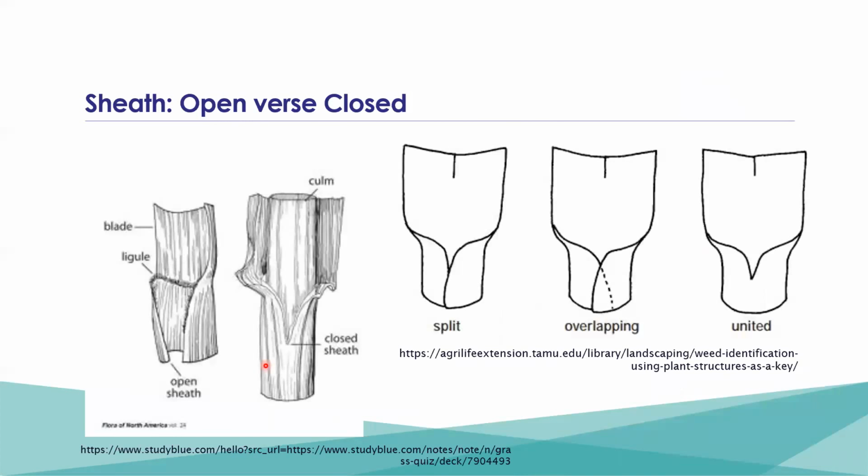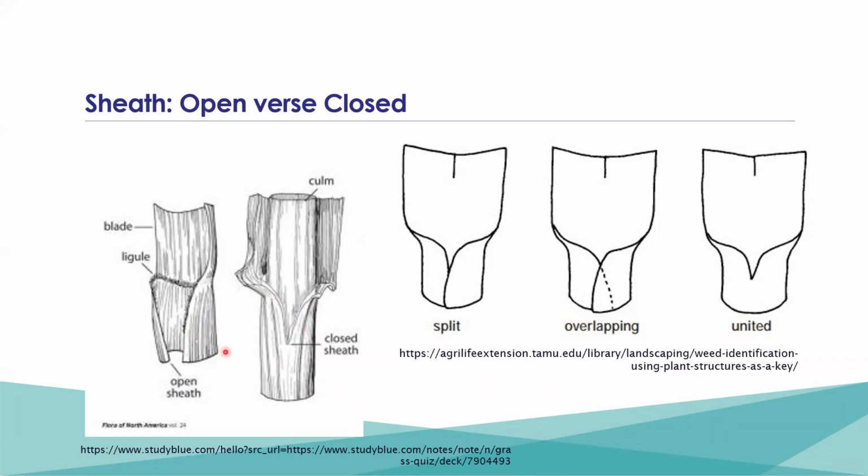And the last part we're going to look for when we're looking at that sheath is how it is closed. So we either have an open sheath, which can be overlapping or can just be wide open like this, or you will have a fused or closed sheath, which looks kind of like a V-neck sweater, in my opinion.